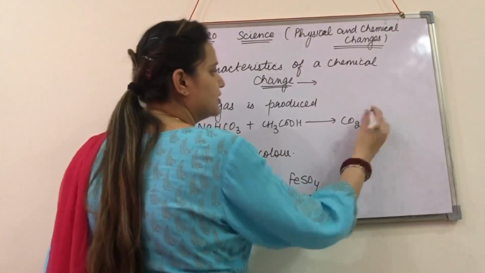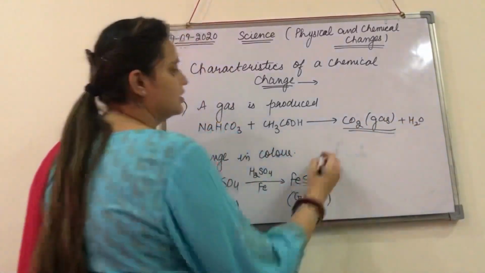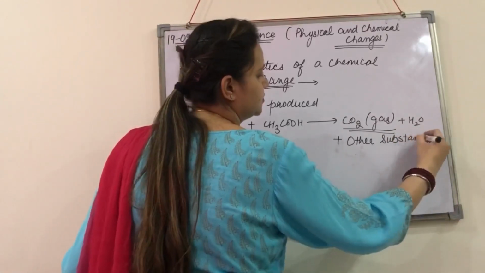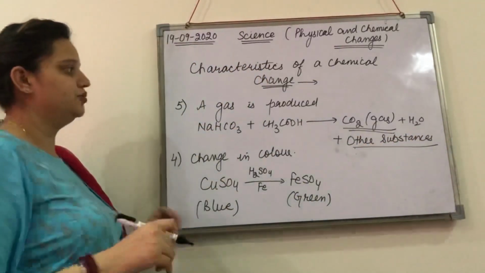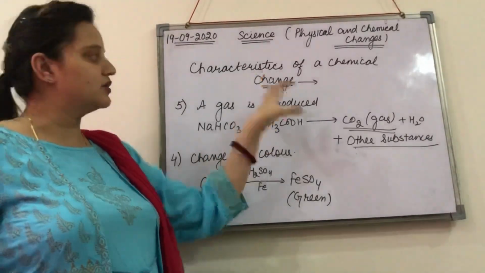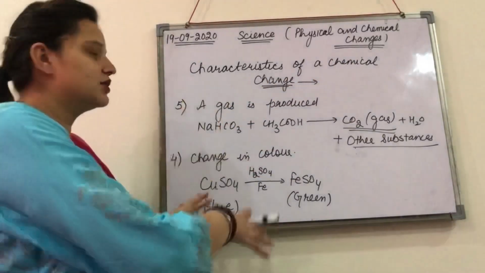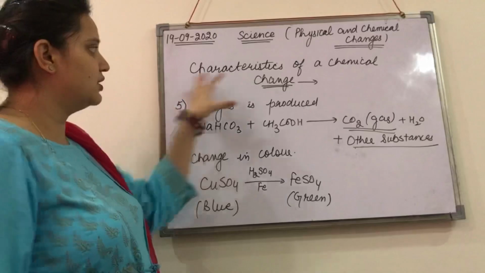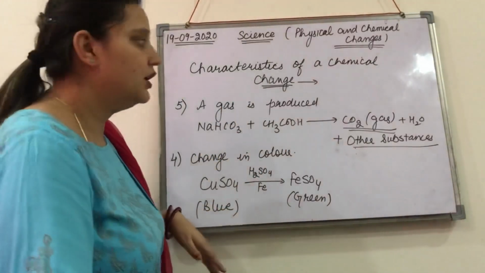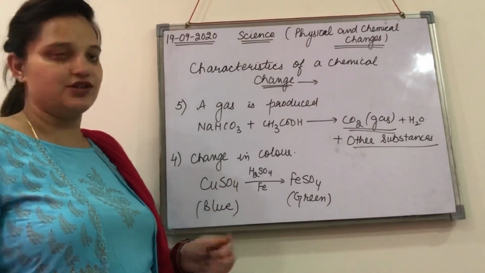The formation of carbon dioxide gas is due to the reaction between the baking soda and the vinegar, and again this is under the category of a chemical change. Okay, so this is how we identify these through these characteristics: gas, sound, smell, heat. Through these characteristics we label our change as a chemical change.